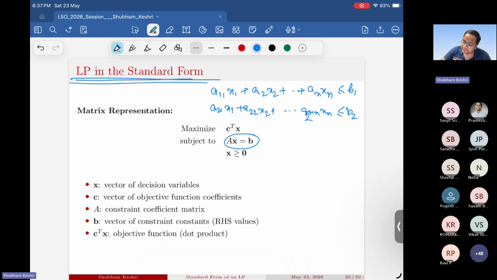What you can do is add slack variables to make them equalities. In the first constraint, you add S1 and it becomes an equality. In the second constraint, you add S2 and it becomes an equality.